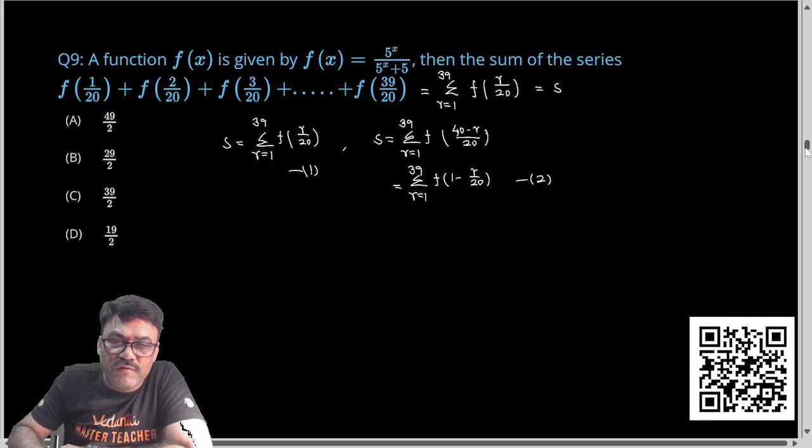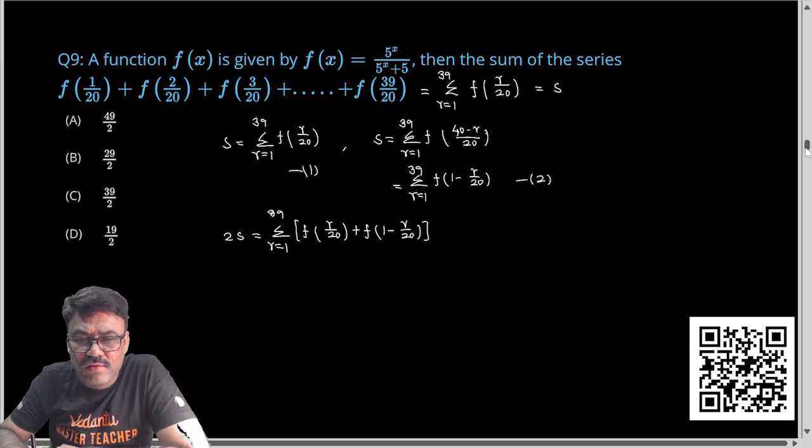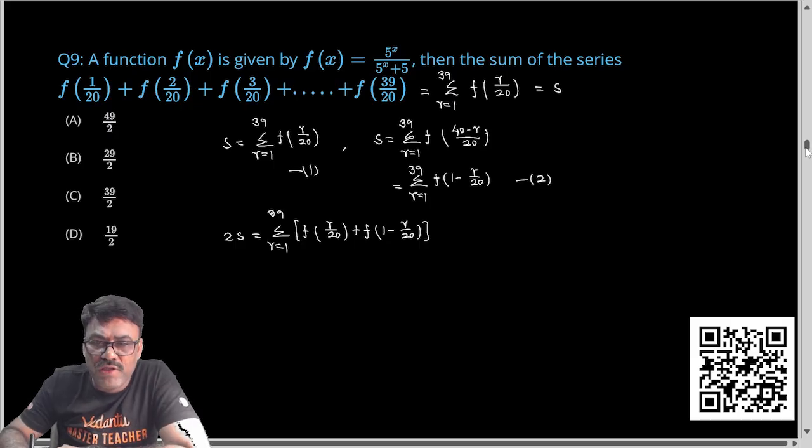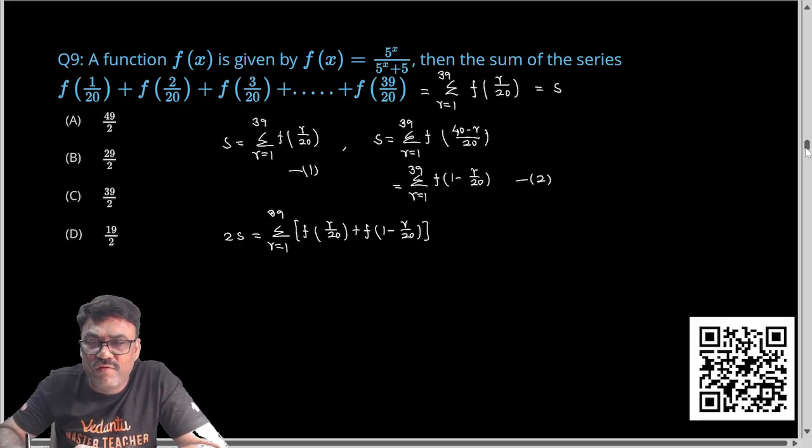So if I add 1 and 2, I will get 2s is equal to sigma r is equal to 1 to 39 f of r by 20 plus f of 1 minus r by 20. Means I have to find f of x plus f of 1 minus x.